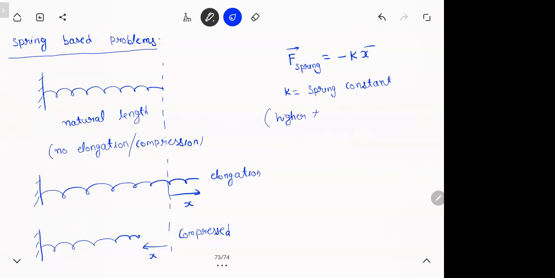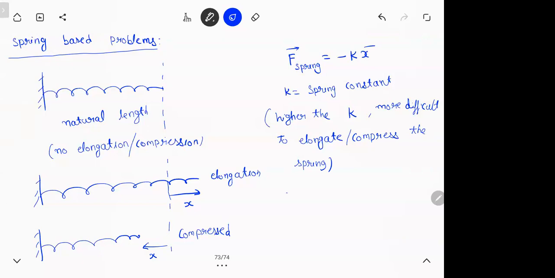The higher the k, the bigger the value of k, the more difficult to elongate or compress the spring. If you have two springs with one k value bigger, it is more difficult to stretch or compress that spring. So that's what the k tells you. I'll give you some examples on the next page.